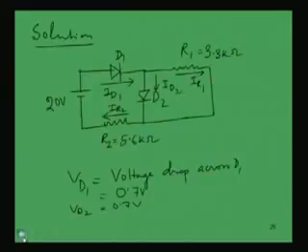Now, in this circuit, this part, Kirchhoff's voltage law is applied. If we apply Kirchhoff's voltage law in this loop, that is 20 volt minus VD1, that is the drop across this diode, minus VD2 minus VR2, where VR2 is this drop.